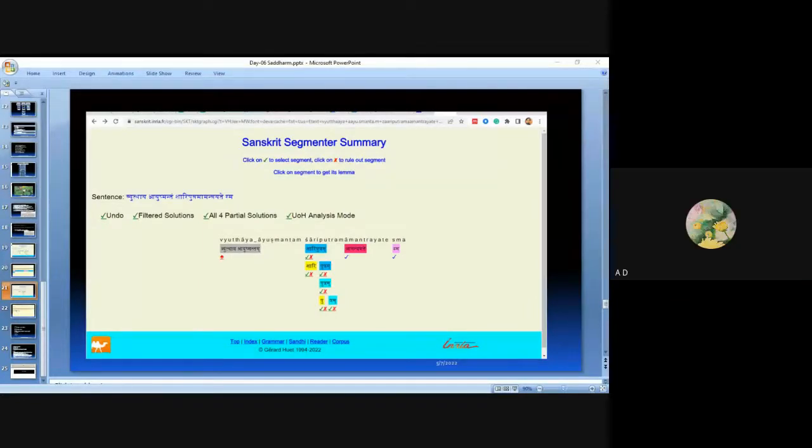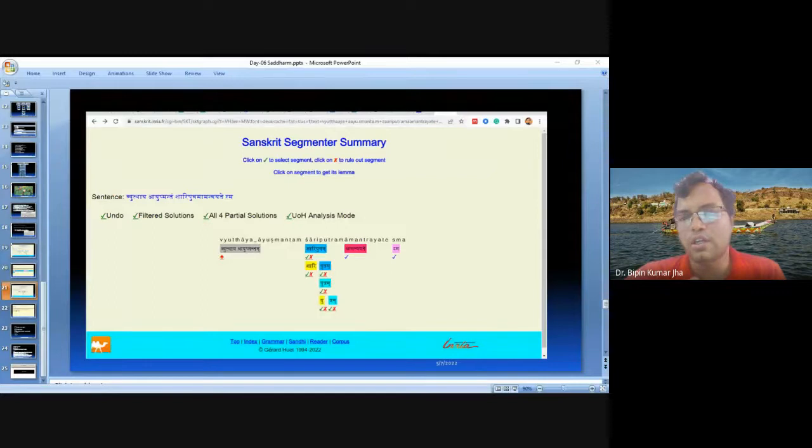So just try to practice, because I have given one sentence, and I will show other sentences from other web tools. I understand you are not experts in Sanskrit. If I say that you will find the verb, and according to the verb you will find the rest, the subject and adjectives, that is quite impossible, because that will take too much time. But if web tools are available, you need to use them.